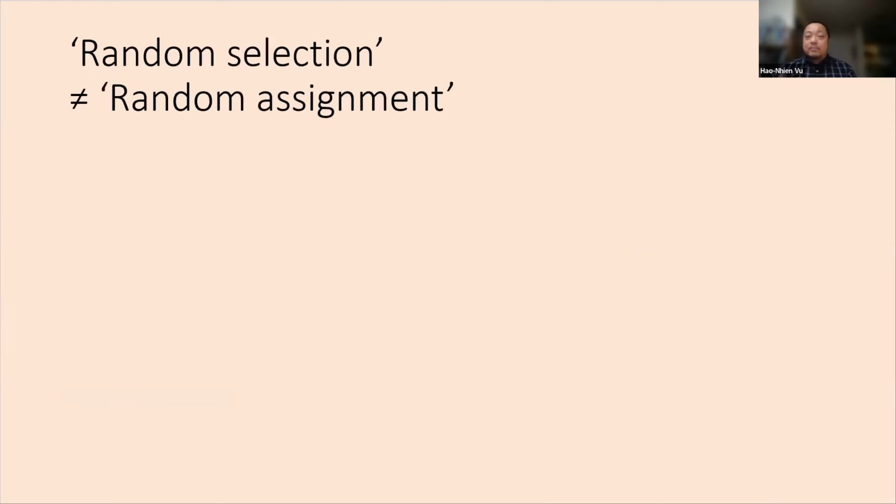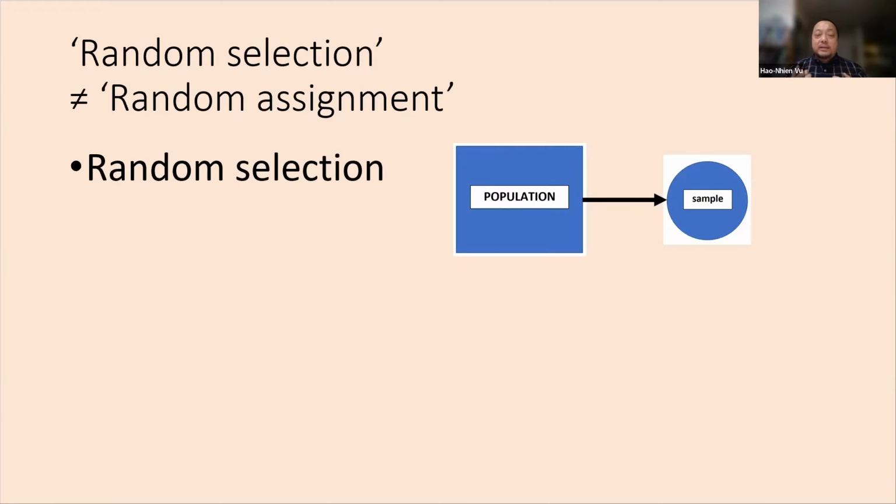At this time, let's take an aside, and let me talk about the two terms with the word random in it that I've said in this video. One term is random selection, and the other term is random assignment, and they mean two different things. Random selection is when you take a population and you randomly select who gets to be in your sample.